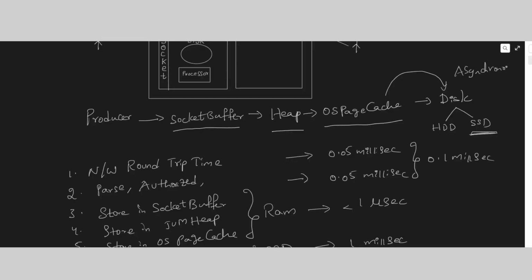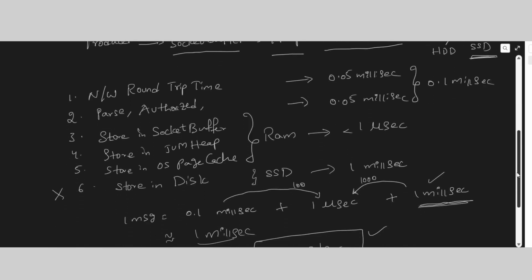So without sending it to disk, we are informing the producer that the message is successfully written, but slowly, asynchronously, we are doing that. We call it fsync. So instead of doing the fsync to push the data from cache to disk synchronously, we are doing the fsync asynchronously. This is the technique that we are going to use to increase the speed.